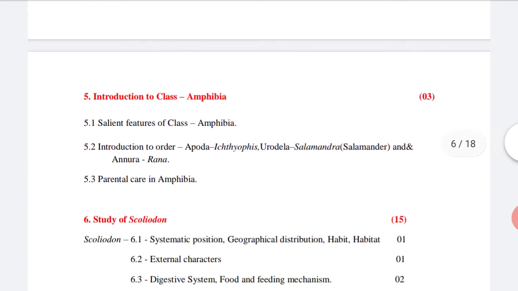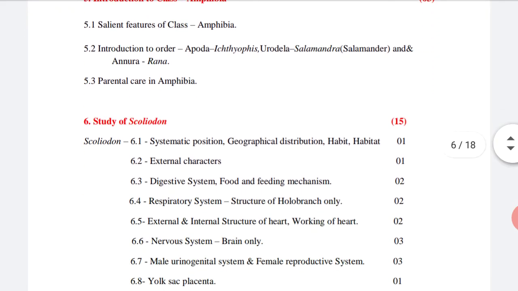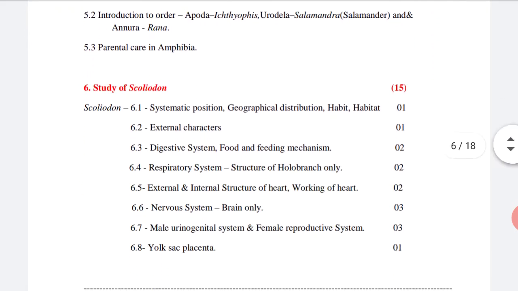In chapter 5, we study salient features of class Amphibia. Second topic is introduction to order Apoda, Urodela and Anura. Third topic is parental care in amphibians.